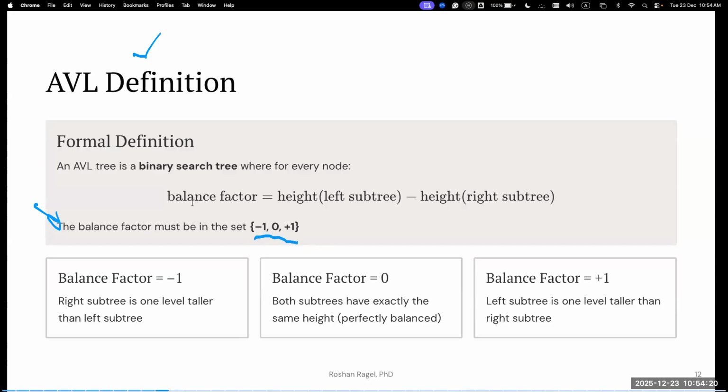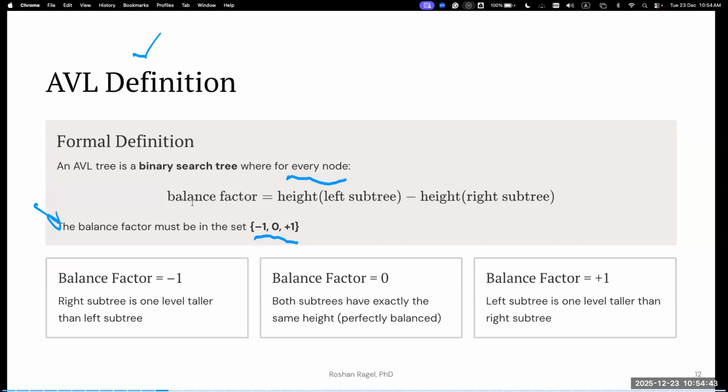When you say balance factor, we are talking about every node, not just the root. In fact, if you remember, even the binary search tree definition is for every node, not just for the root.